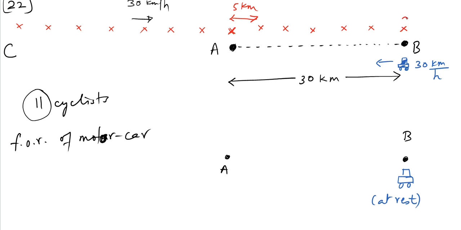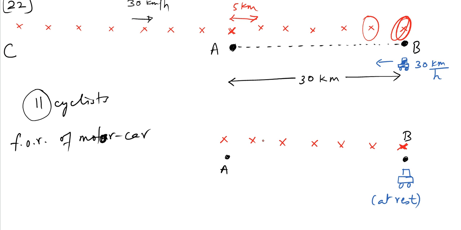And naturally this particular cyclist is still going to be over here. All of these cyclists will be in the same positions that they are in the earlier picture. So this cyclist, I'll have to draw him over here, and the next one, and then the next one, and so on.